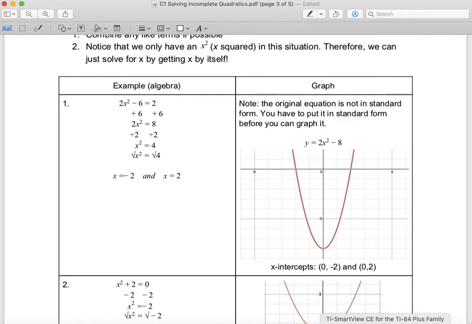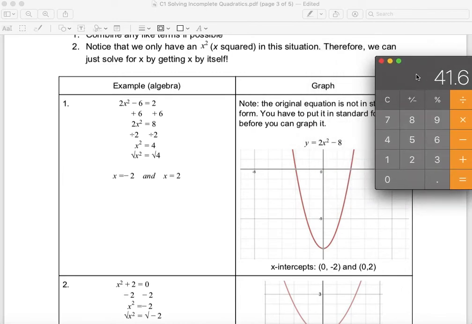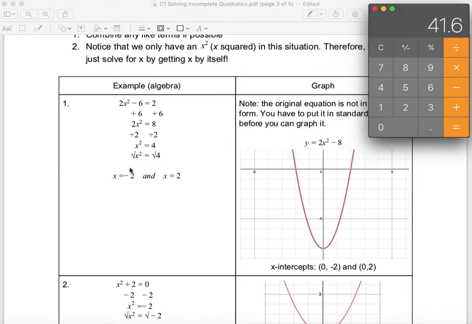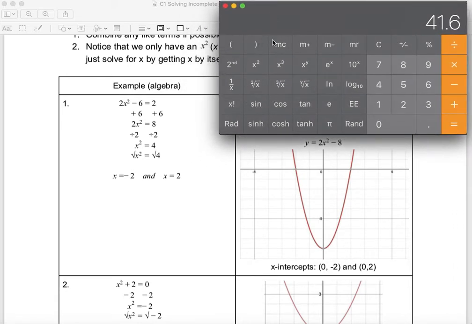Now, the reason that you get x equals -2 and x equals +2 is because if I take 2 and I square it, I get 4. But if I have -2 and I square it, I get 4 as well.